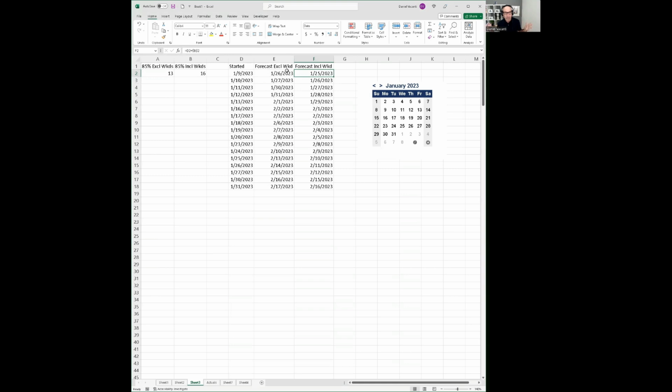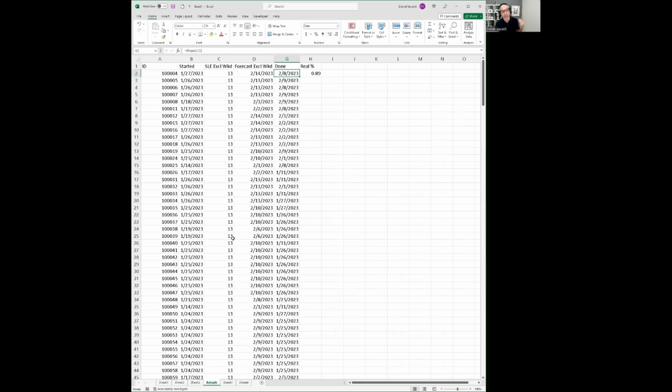If this isn't enough for you, it's even a little bit worse than that, because if we go back to our actuals and we were to say, for every single item that we worked on, what would it have looked like if we would have used that SLE of 13 days to come up with a forecast? How would our actuals actually compare?